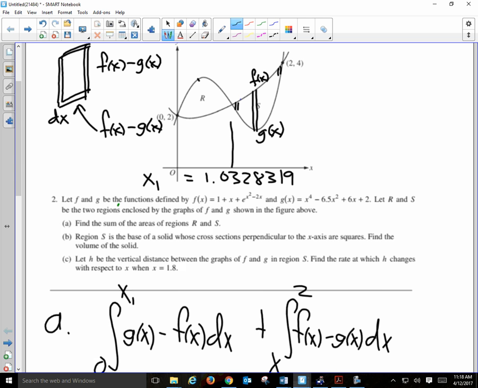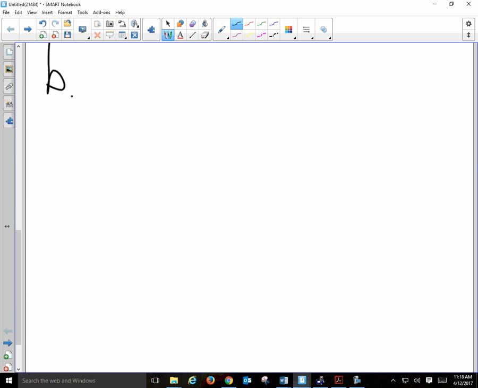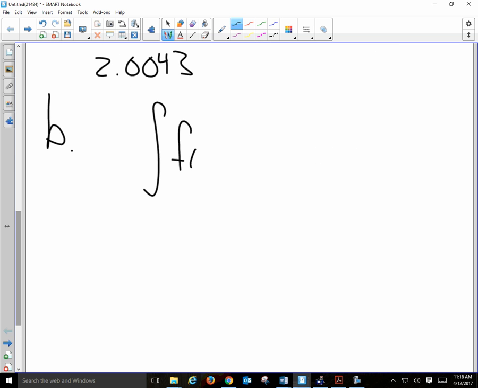So what's the volume of that shape I drew? F of x minus g of x quantity squared times dx. And that's one of them. So I have the integral of f of x minus g of x, that quantity squared dx.